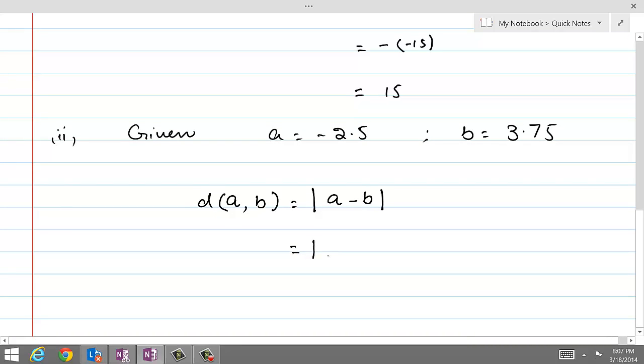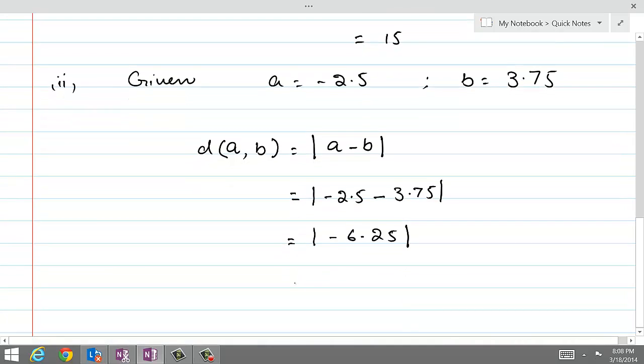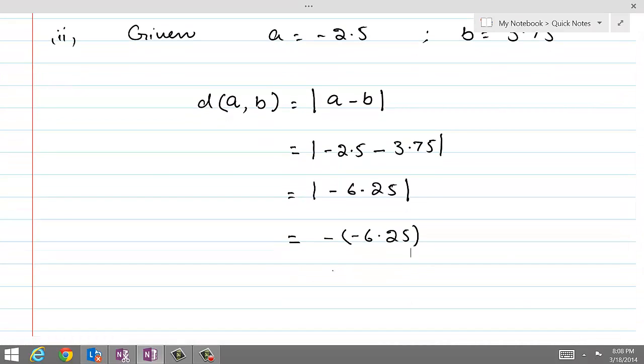And now we put the value for a, which is -2.5 minus 3.75, and this distance between two numbers will be equal to, if we add them up because both of them have the same sign, then this should be equal to -6.25, and because within the modulus sign there is a negative number, this in fact is equal to -(-6.25), because absolute value will turn any number into positive.